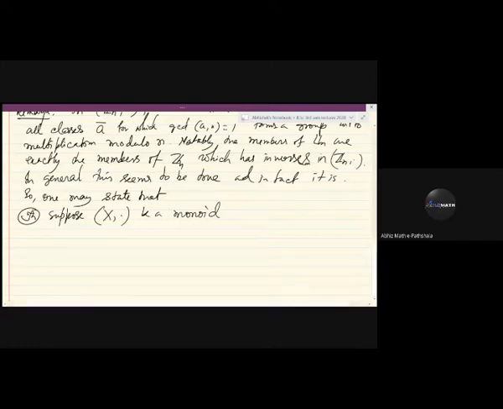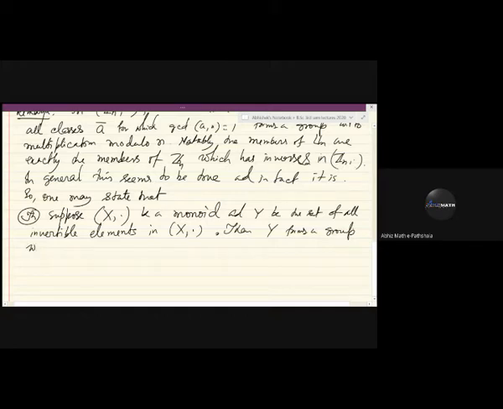So suppose you have a monoid and suppose y be the set of all invertible elements, that is, elements in x dot which have inverse in x dot, okay, then certainly this y forms a group with respect to multiplication, with respect to dot.